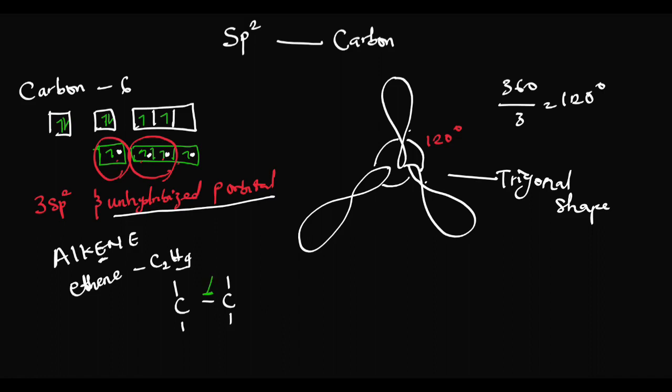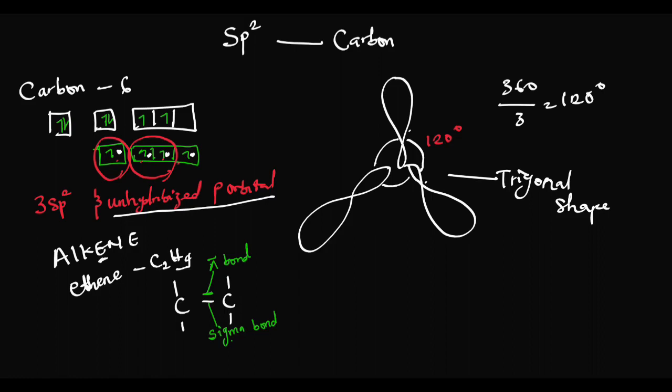But this bond is given a very special name known as pi bond. It's a type of covalent bond. Remember I told you that this is a sigma bond and this is a pi bond. Let me just brief you a bit about the sigma and pi bond.